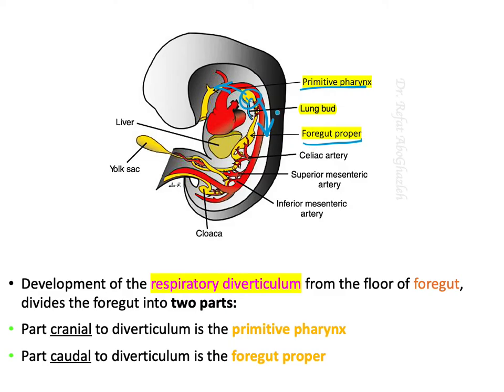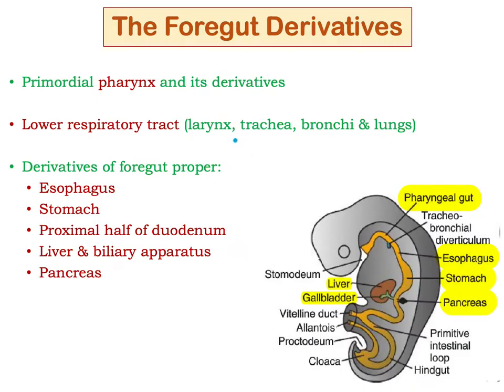Foregut proper. That means you have the respiratory diverticulum, you have the primitive pharynx, and you have the foregut proper. Now, let us define the foregut derivatives.